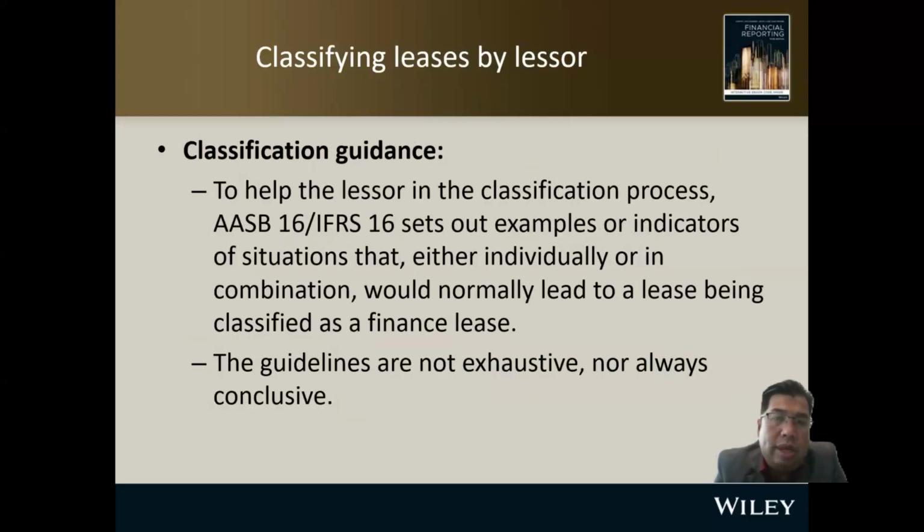Okay. So let us look at this classification guideline. To help the lessor in the classification process, the standard sets out examples, indicators or situations that, either individually or in combination, would normally lead to a lease being classified as a finance lease. That's a guide. I'm going to show the detailed guide from your textbook.